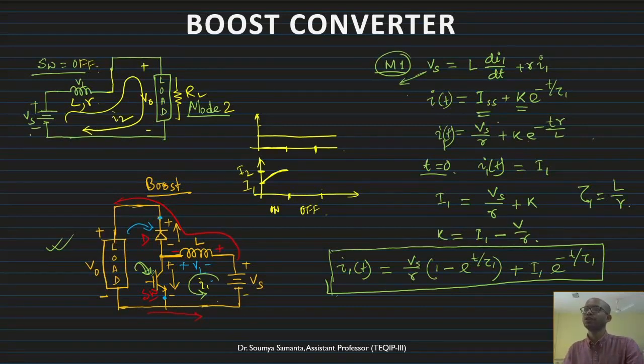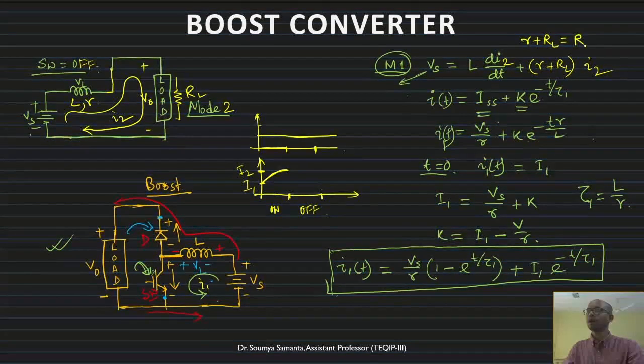Now what will be the change here? Here the change will be, this will be I2, and here this will be small r plus RL into I2. Fine. So now if we say that r plus RL equals capital R, I am denoting this capital R, it will simplify this expression.